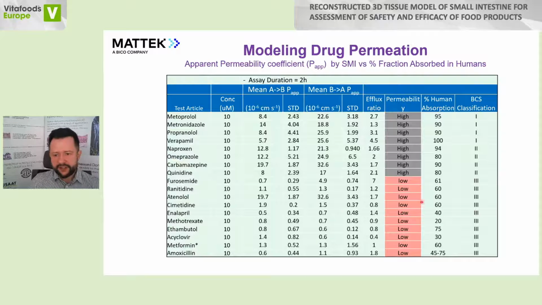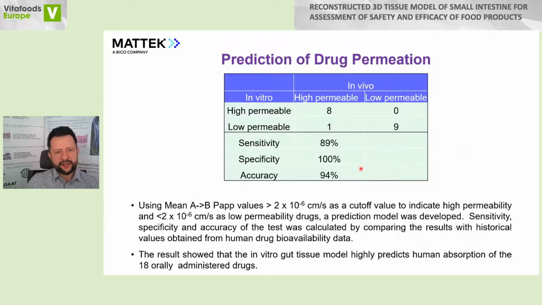So actually I have the details here showing that they can be split into two groups, high and low. And if we use this split, we can calculate the prediction model, and we can see that EpiIntestinal can achieve pretty nice sensitivity and specificity in predicting drug permeation.